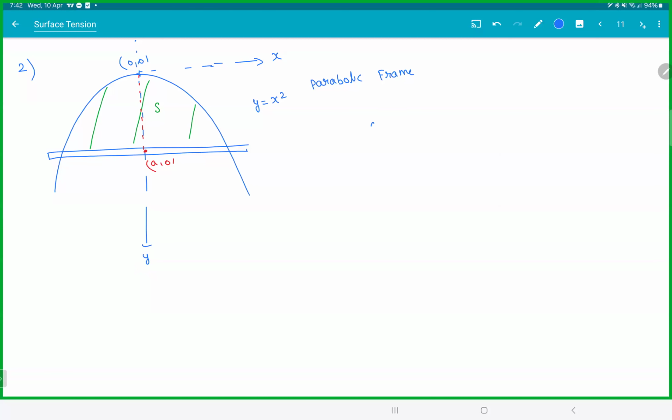Initially the system is at rest. Gravity is there. First question, find the mass of the rod. Second question, find the time period for small oscillations.